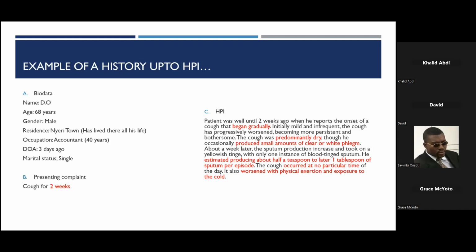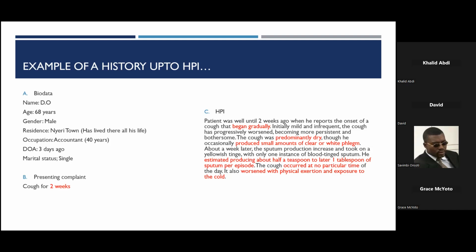Is it constant, or is it getting better? What would you say? It's progressively worsening. Yes. Thank you. So that captures, in short, you've told your consultant, assuming you're presenting to a consultant, that it's progressively worsening without actually saying it's progressively worsening.